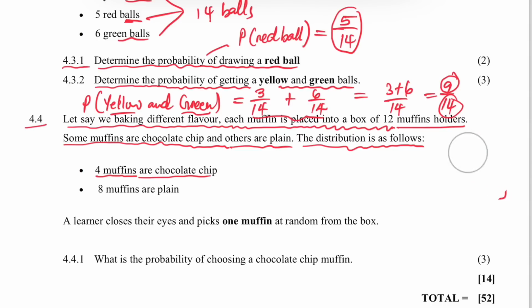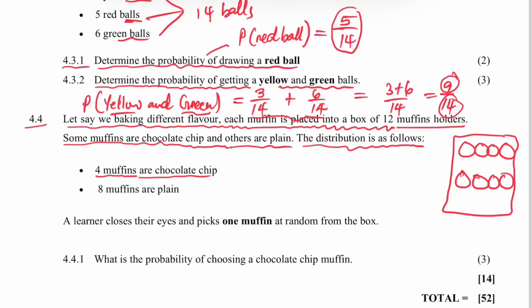Okay, guys, let me try to draw them. So let's say it's gonna be 4 in a row. Okay, let's say these ones are chocolate chip muffins, and these ones are plain.